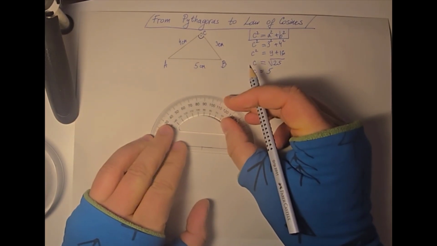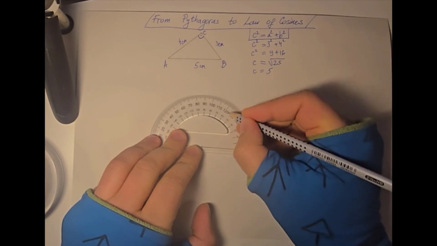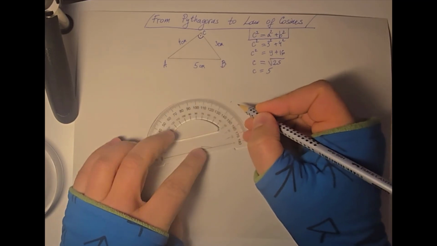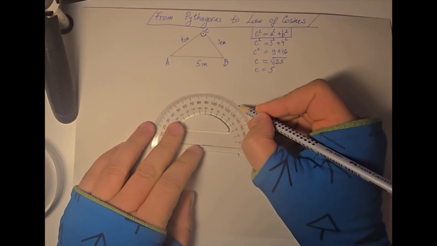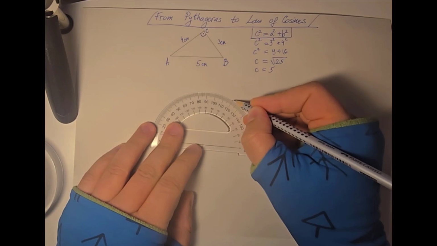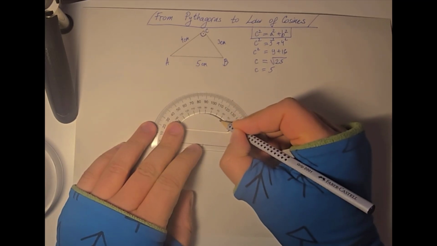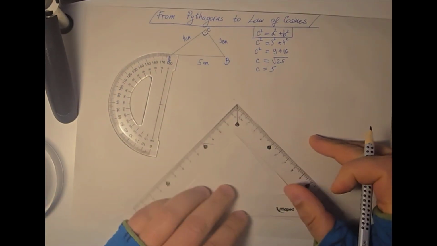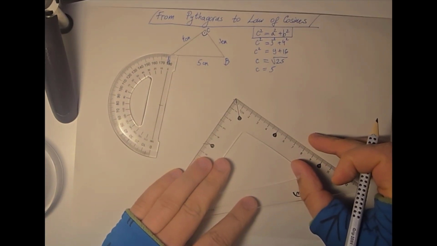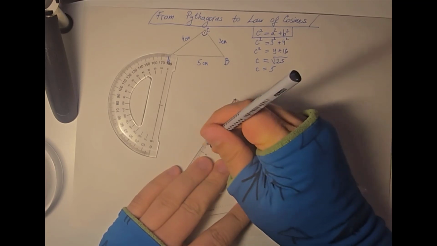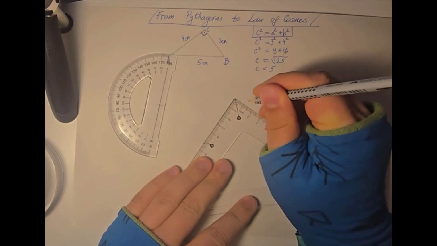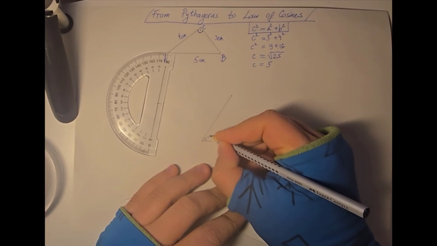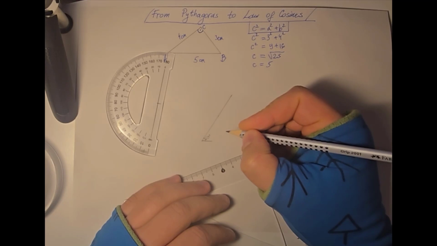So I just wrote this one, so it should be here, and 60 should be this one here. Yes, this is the 60 degrees. Let's draw a 60 degrees triangle and see what we can do with it. This one is 60. Exactly.